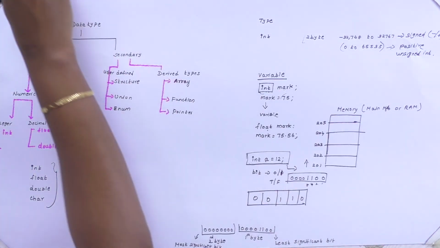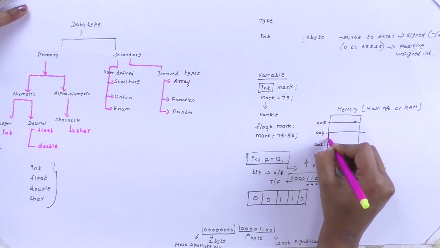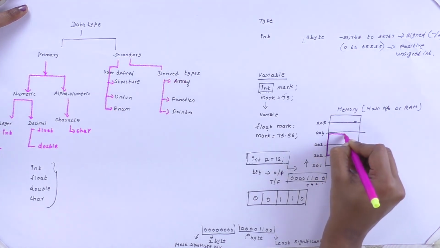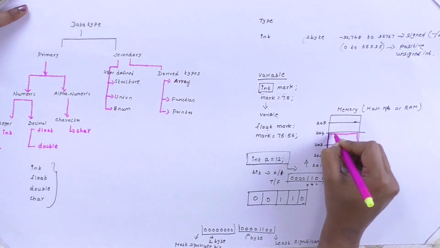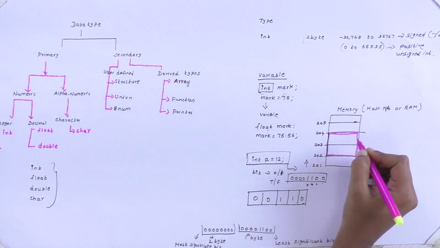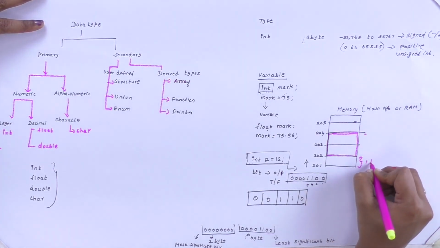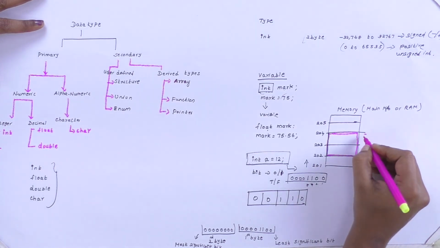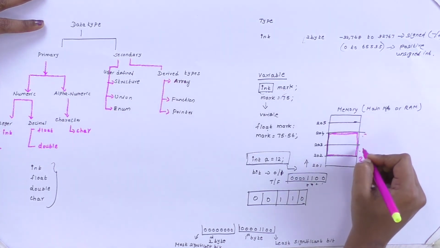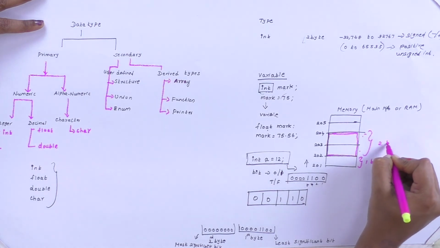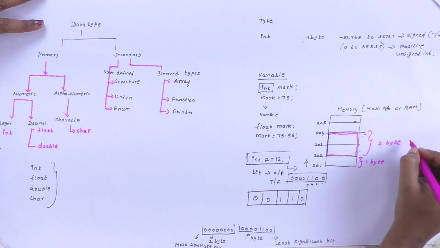It will take any free space. The compiler will allocate 2 bytes for this. So each byte represents 1 byte, and this 1 byte and this 1 byte occupy 2 bytes. These bytes will be allocated for int a.